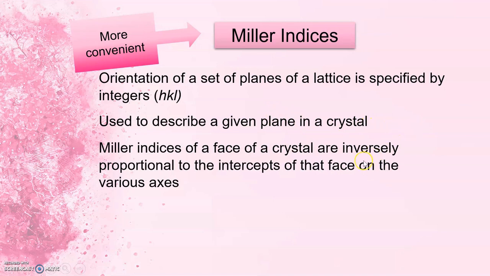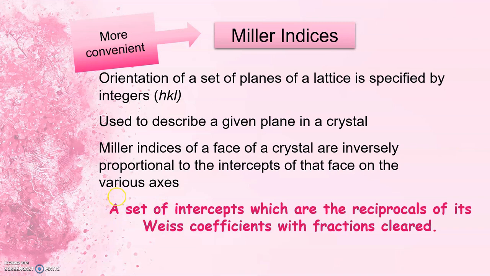Miller indices of a face of a crystal are inversely proportional to the intercepts of that face on various axes. Miller indices are a set of intercepts which are the reciprocals of its Weiss coefficients with the fractions cleared. Please note that while writing Miller indices, no comma should be used and it should be written in brackets.